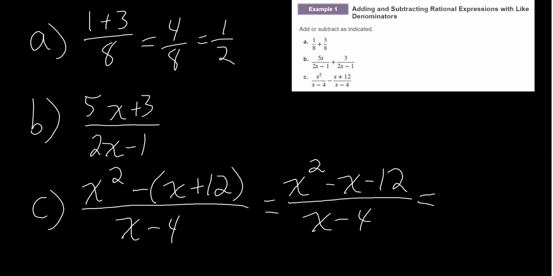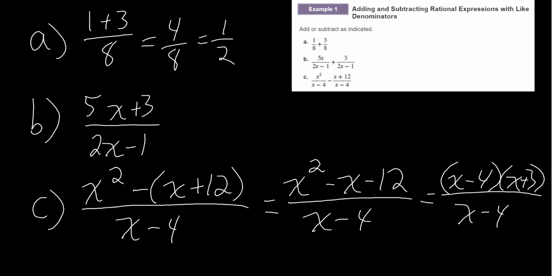Because we're probably going to be canceling here. So it looks like x minus 4 and an x plus 3. So x minus 4, x plus 3 all over x minus 4, and then the x minus 4's cancel. So we're just left with x plus 3, right?